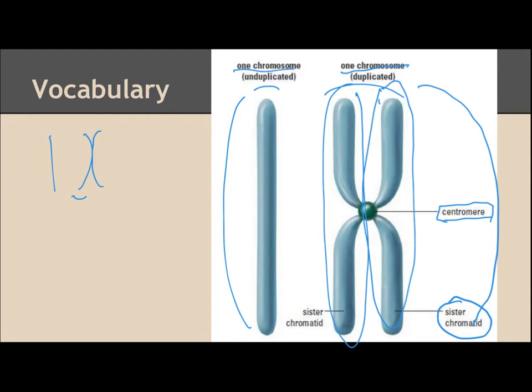Now it gets even more complicated, because remember how I said you have two of each chromosome? Like you have two chromosome number 1s and two chromosome number 2s. We call those two chromosome number 1s homologous chromosomes.